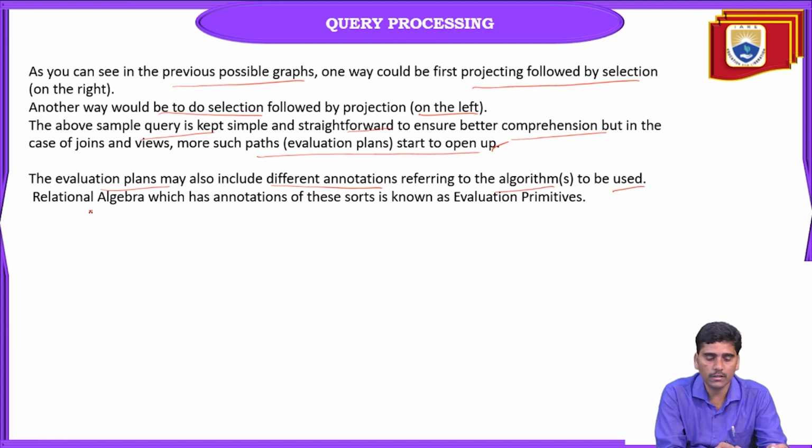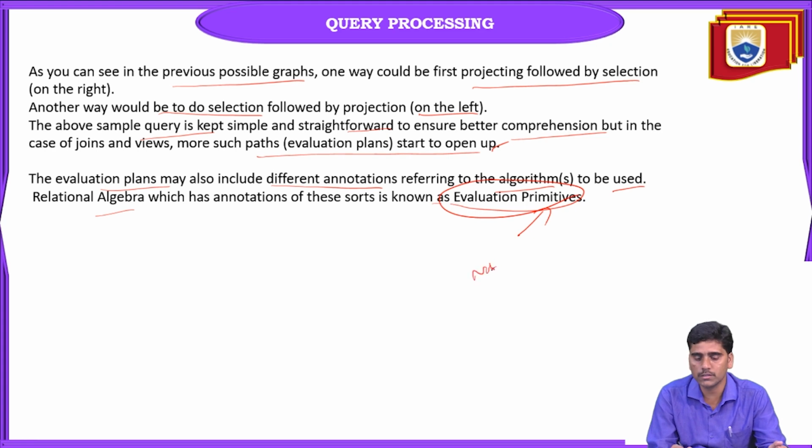Relational algebra which has annotations of this sort is known as evaluation primitives. So all the annotations which we apply during query evaluation are called what? Evaluation primitives.